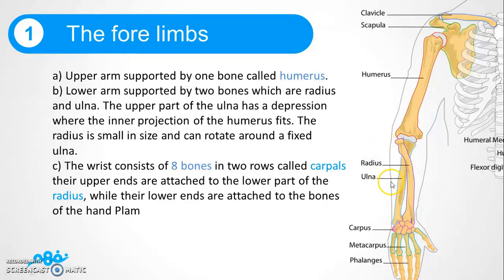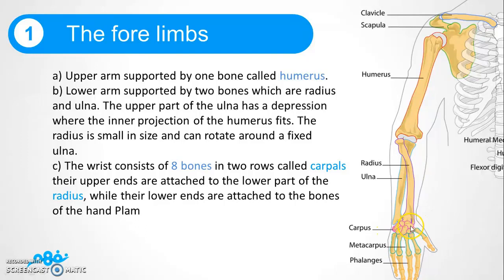How can I differentiate between them? The radius is smaller in size than the ulna, and the radius can rotate around the ulna. That's about the lower arm. Next are these bones.